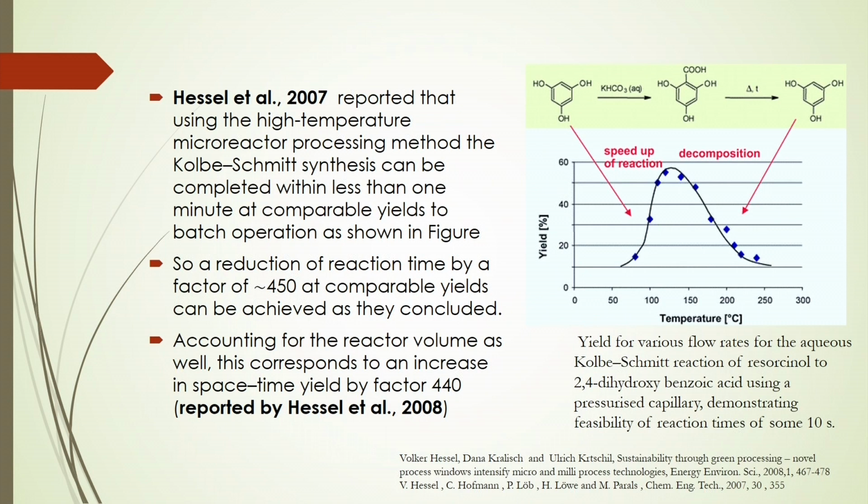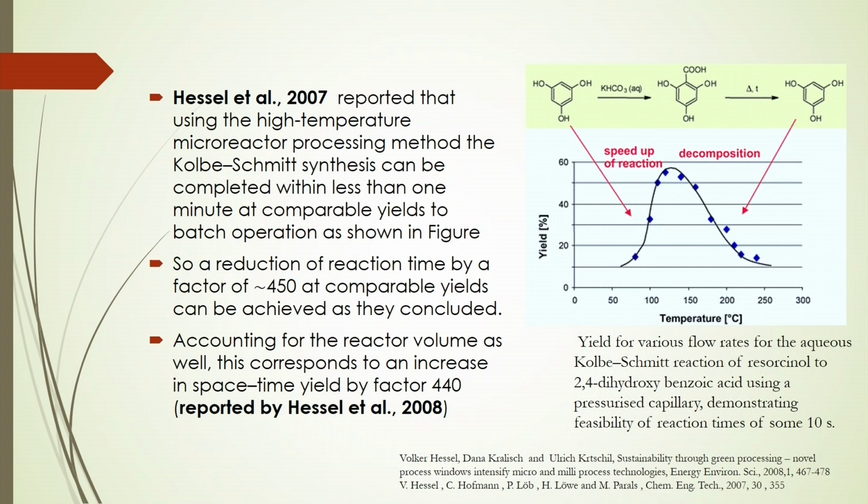In this case, Hessel et al. 2007 reported that using the high temperature microreactor processing method, the Kolbe-Schmidt synthesis can be completed in less than 1 minute at yields comparable to batch operation, as shown in the figure here.